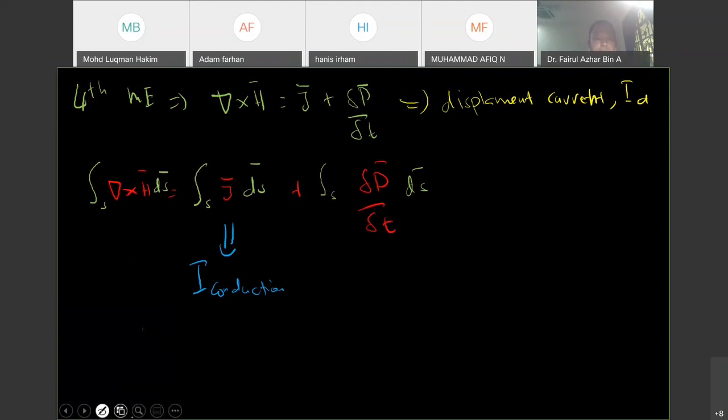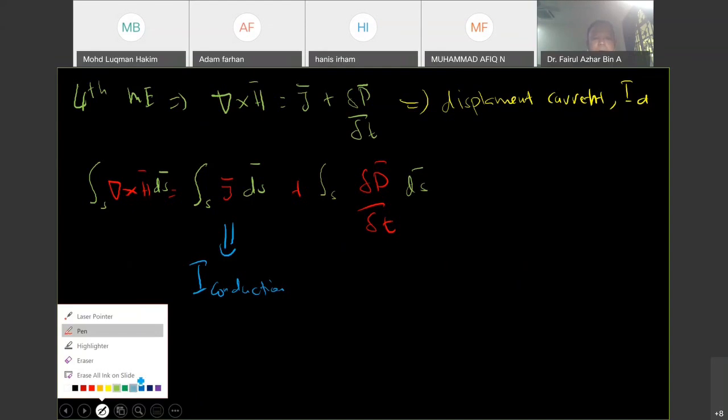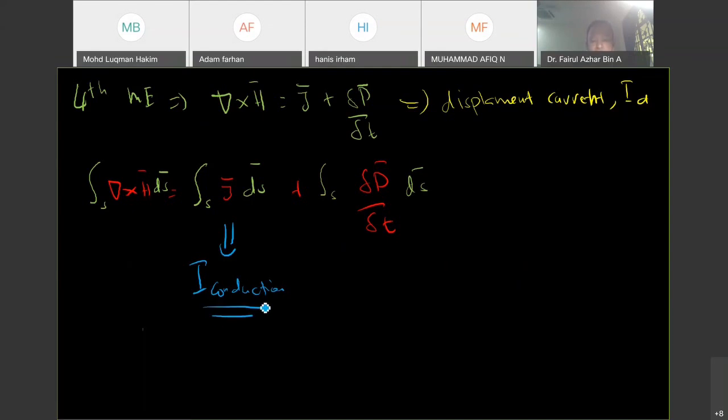The solution of this part gives us the value of a current, and the unit is ampere. This part as well will give us the current value.